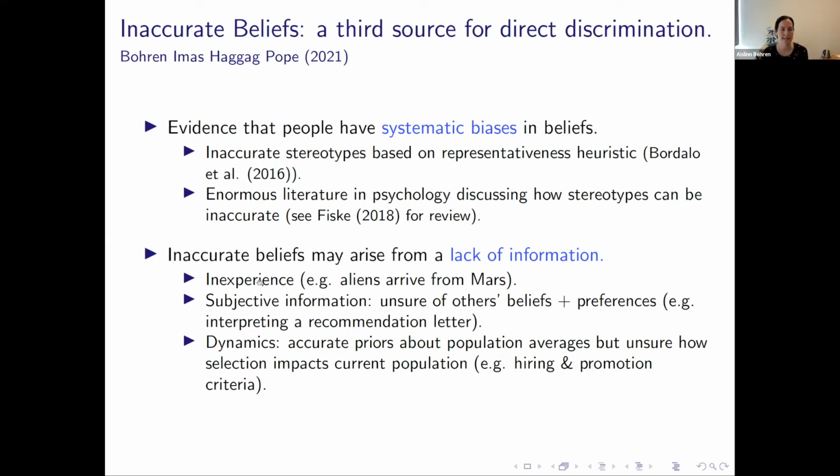So all this is to say that it's really difficult to be fully correctly specified or have accurate beliefs at every decision point, and also about everyone else who is generating information that you observe. Therefore, inaccurate beliefs seem like a very likely thing to emerge, at least in some settings where people are doing evaluations.